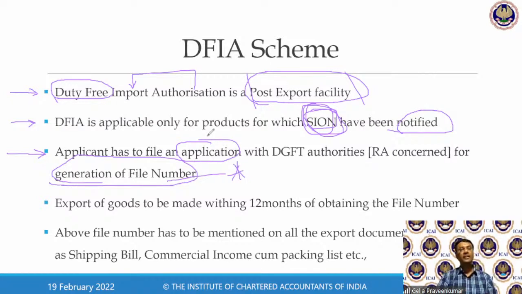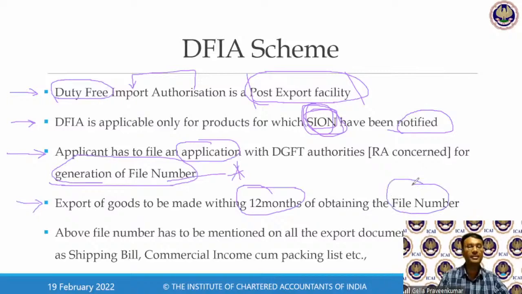So what I will do, once I get the file number, is do the process. I export the goods within a period of 12 months from the date of getting the file number. So I manufacture my goods, and then I export the goods within a span of 12 months from the day my file number was allocated.